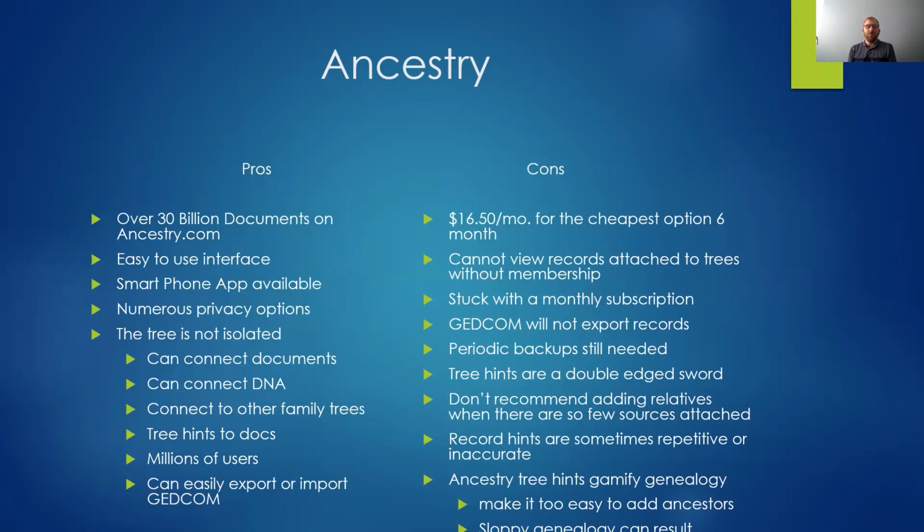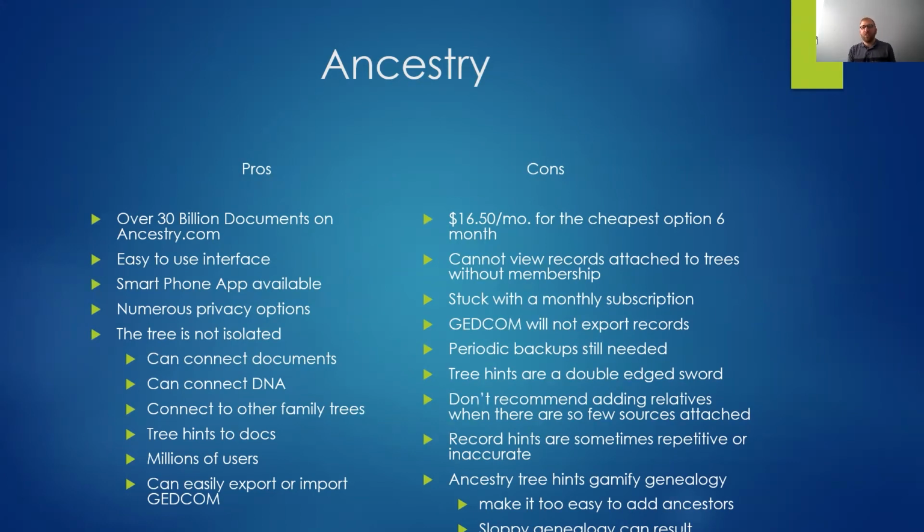There's a little leaf, and it will shake if there's a hint. You get record hints, but you also get ancestor hints, and so it enables you to go back further than if you're just working on an isolated family tree. As I mentioned, there are millions of users, so there's plenty of opportunity, and GEDCOM will easily export and import.